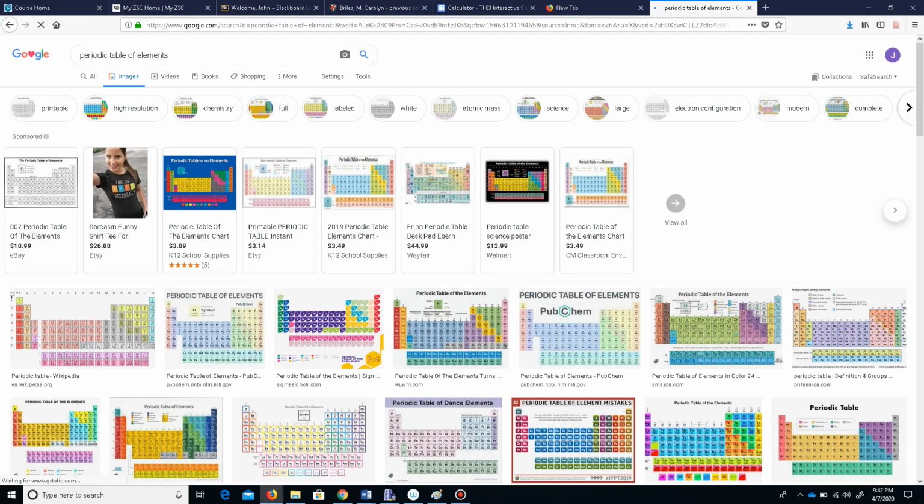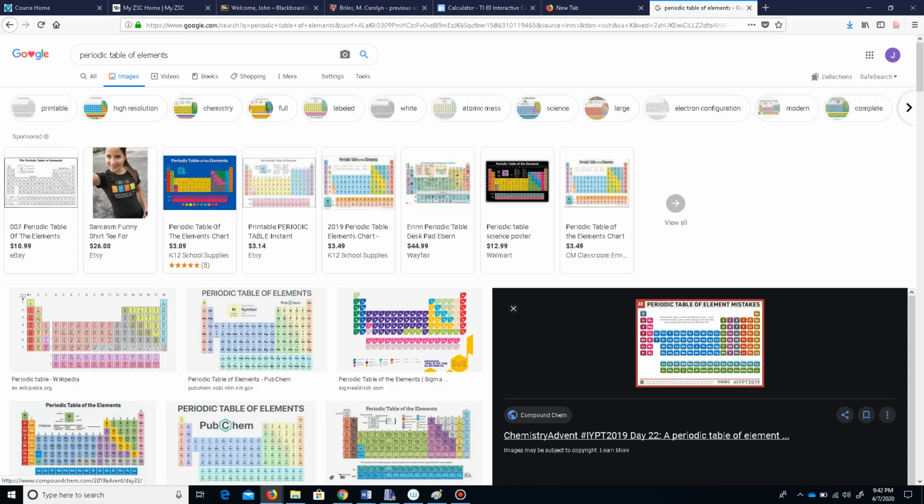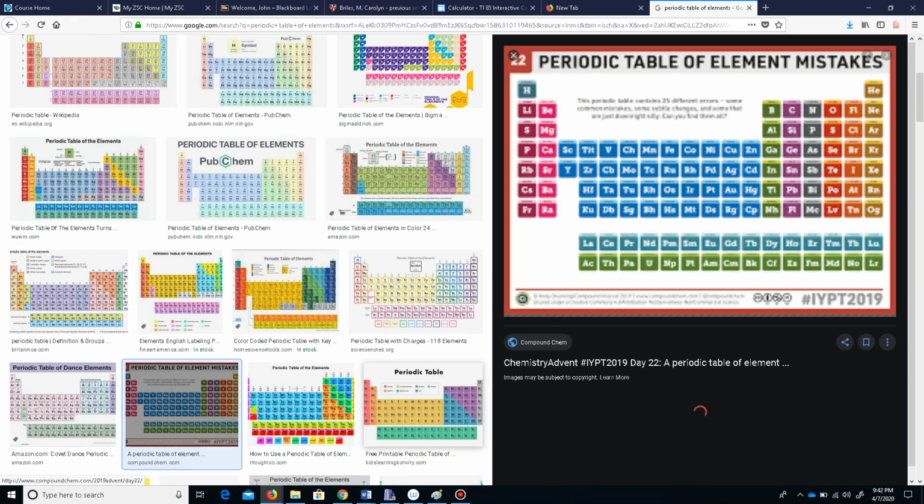Alright, so let me see when I can click on and get it bigger. So I see one that has the numbers on the bottom as well. That one doesn't.